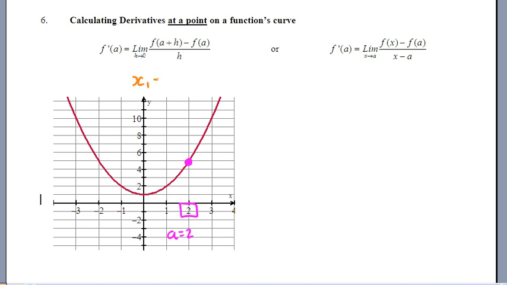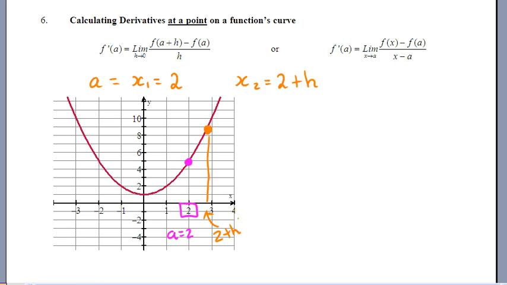My first x value is the one you gave me. Thank you very much. It's 2, or whatever number it is that they give you. That's the a. And then my second x value will be at that place and a little bit more. And so way out here somewhere is going to be some other point, right there, at 2 plus h.